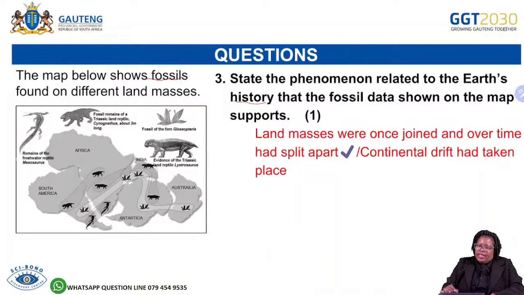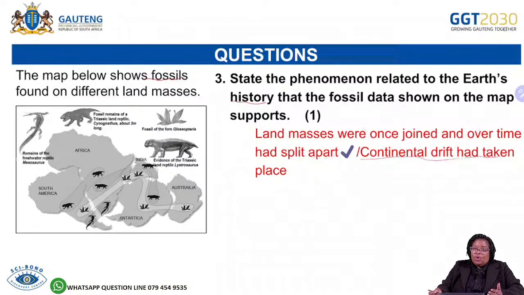So state the phenomenon related to the Earth's history that fossil data shown on the map support. For 1 mark, the land masses were once joined over time and they had to split. That is a mark. And then immediately when we talk about the splitting of the land masses, think of what? It is nothing else but continental drift has taken place.